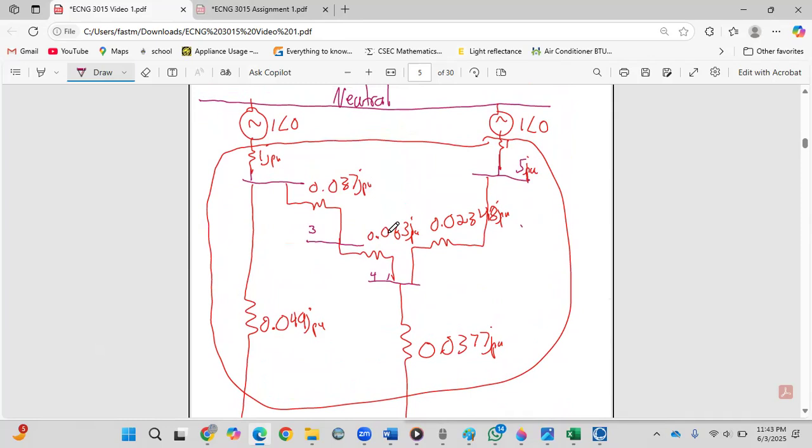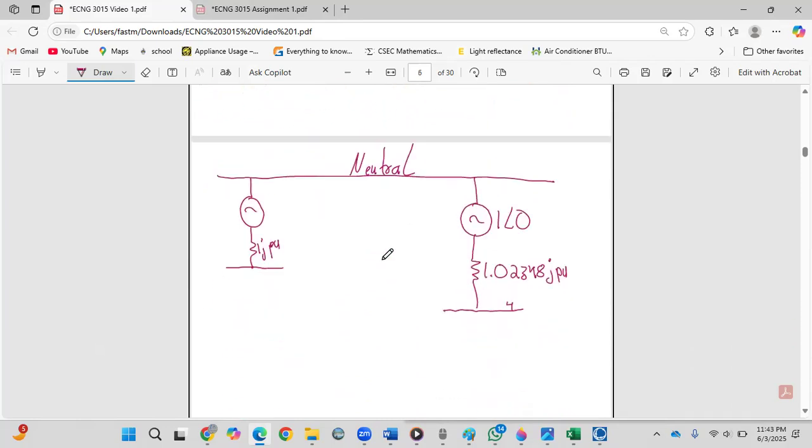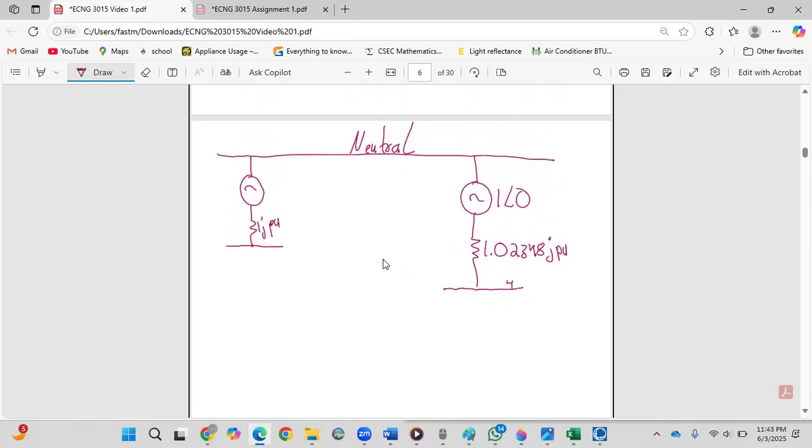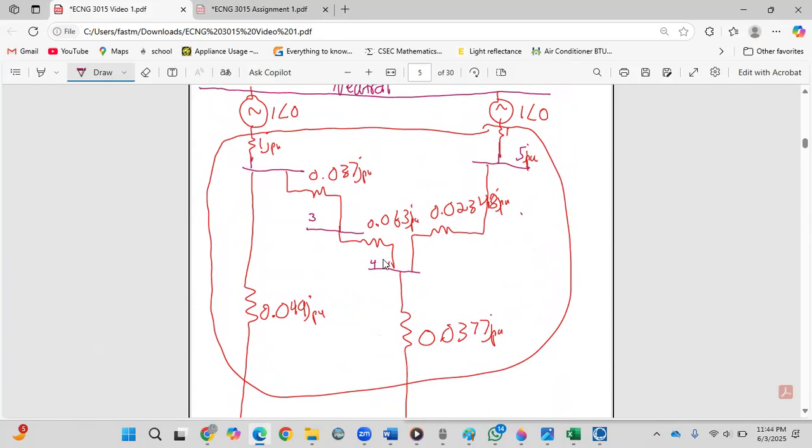If you add those two, 0.037 plus 0.063, you get 0.1, and that is the impedance connecting bus 1 to bus 4. Alright, so these two are in series.